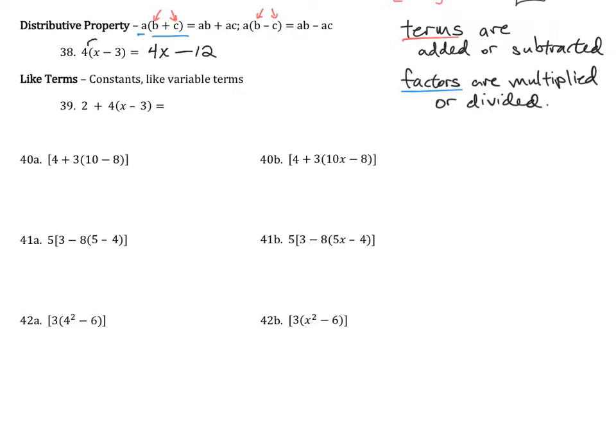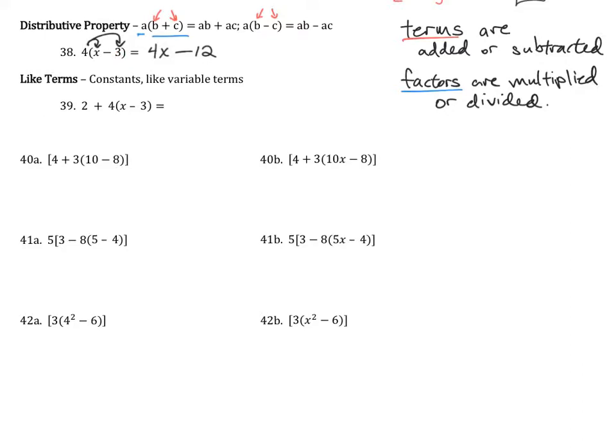So 4 times x and 4 times 3. That's usually how we denote this. We draw a couple arrows here. We draw as many arrows as there are terms in the grouping symbols. And in this example, there are 2 terms.